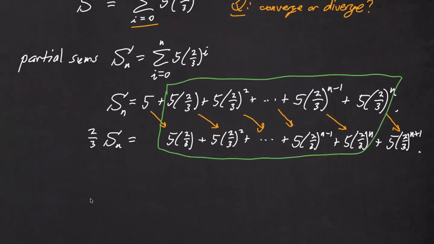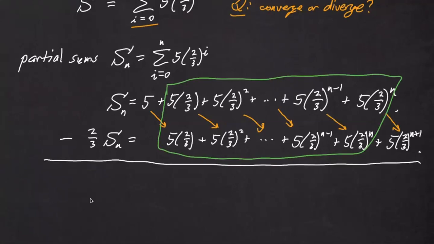So if we subtract, we get all this cancellation. And we get s sub n minus 2/3 s sub n. And then we get just the first term minus the last term, the 5 times 2/3 to the n plus 1.